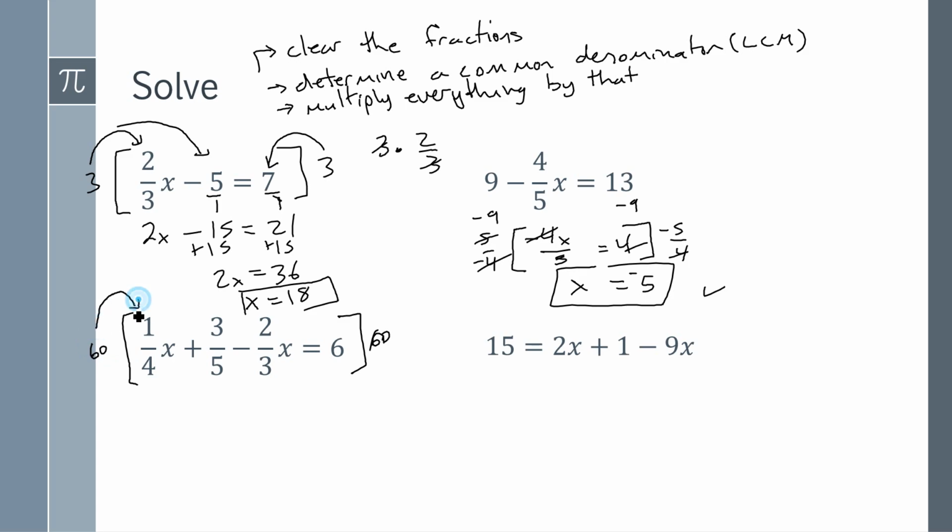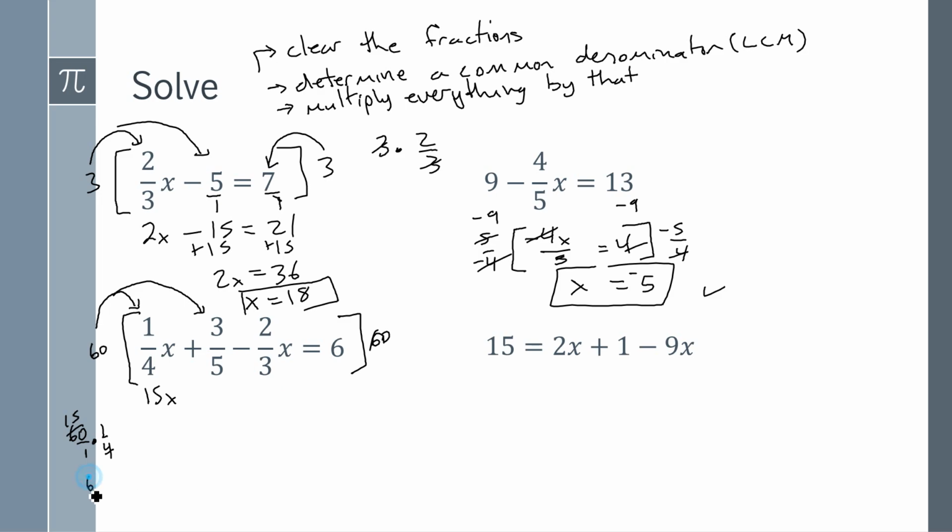Now when I distribute to this first one, what's happening is 60 times a fourth. Well, cross cancel, and I get 15, don't I? So 15x right there. And then when I come over here, 60 divided by 5. I don't even know if I know that one. Let me see. 60 divided by 5 is 12.